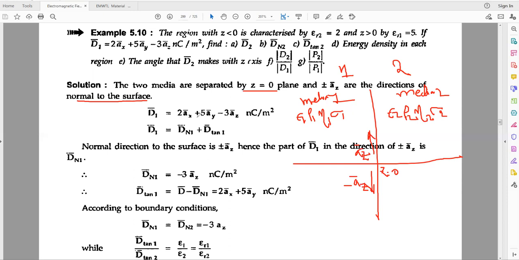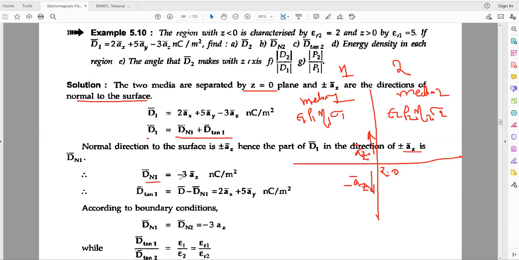D1 is given as 2 AX bar plus 5 AY bar minus 3 AZ bar nanocoulomb per meter square. D1 bar is a combination of the normal component and the tangential component, an additive combination. The normal direction of the surface is plus or minus AZ bar, hence the part of D1 in that direction is plus or minus AZ bar only.